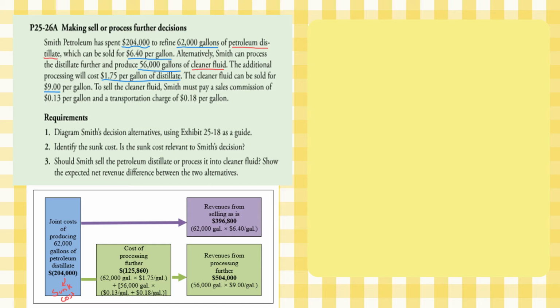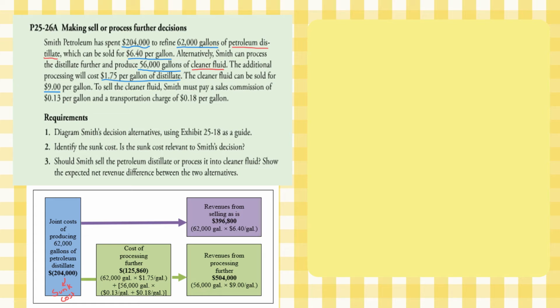Now to process it further into cleaner fluid, I'm going to pay costs, which is process further costs. It's going to be 1.75 per gallon of distillate. So I'm going to multiply the 1.75 by number of gallons of distillate, which is 62,000 gallons.